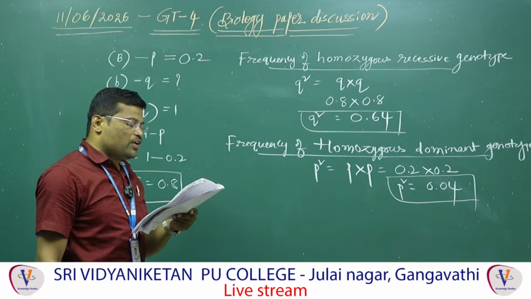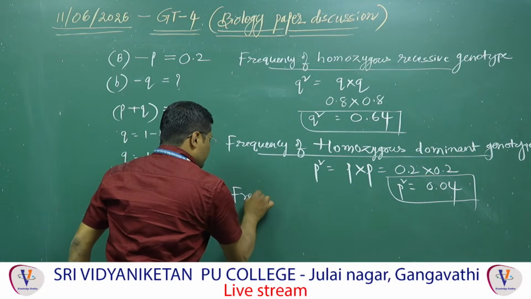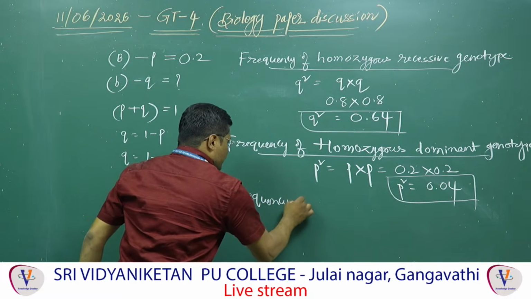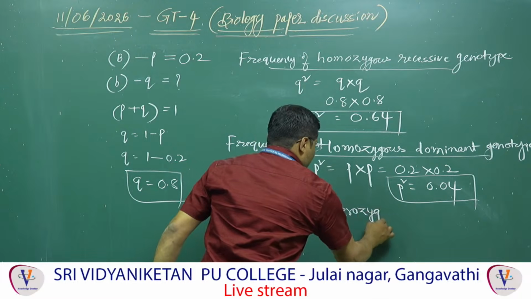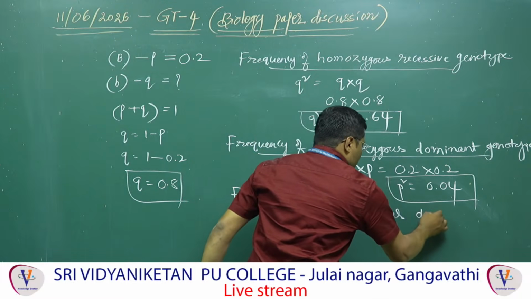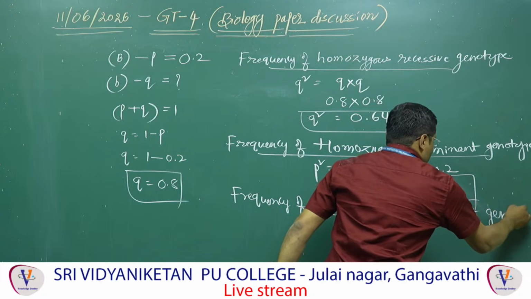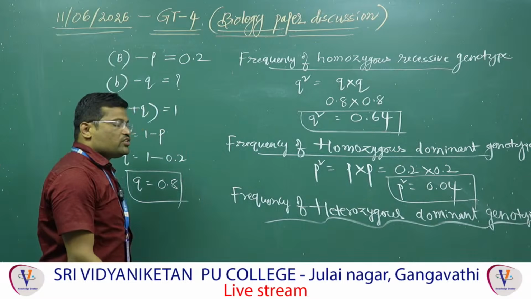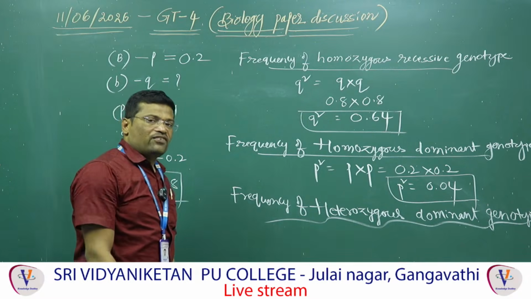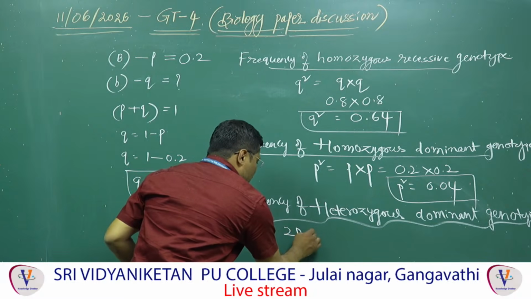Then find out the frequency of heterozygous dominant genotype. The frequency of heterozygous genotype is represented as 2pq.